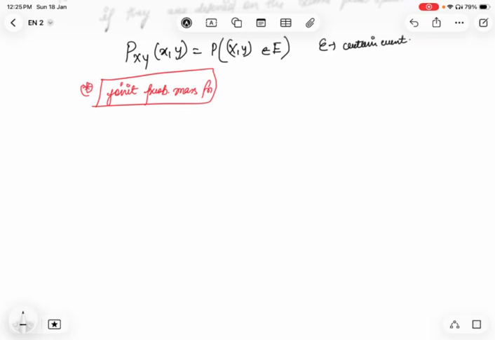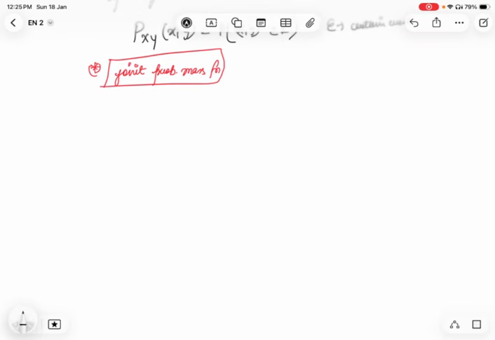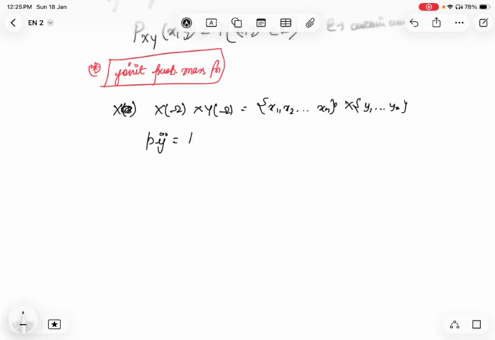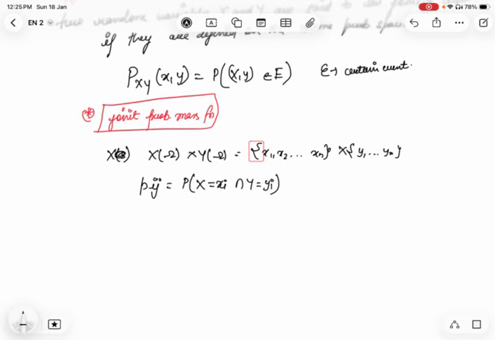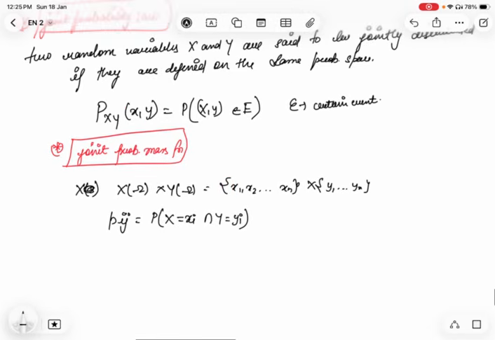The joint probability mass function is defined as follows. Suppose x is our random variable with sample space x1, x2, ... xn, and y is another random variable with sample space y1, ... ym. So pij is equal to the probability of x equal to xi given y equal to yj, which is common because it is a joint probability distribution only when both satisfy the same probability space.